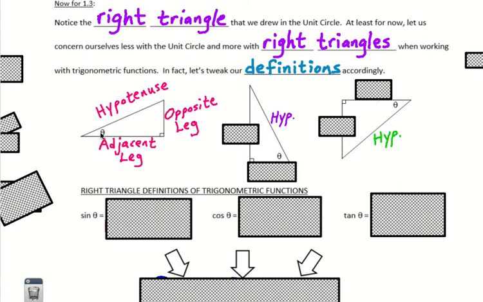Notice that this leg, this side, was opposite, or across on the other side. And the word adjacent in the English language is a fancy vocabulary word for just next to.